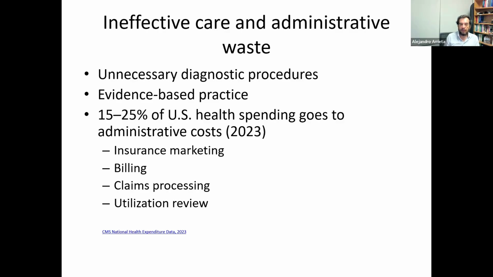And there is, of course, evidence-based practice, which is telling us, in other words, that we are getting the maximum benefit. So think about that production function, right? If we do too many unnecessary diagnostic procedures, we are in the flat area of the production function. But if we do what the evidence-based practice recommends, we are in the growing piece, right?